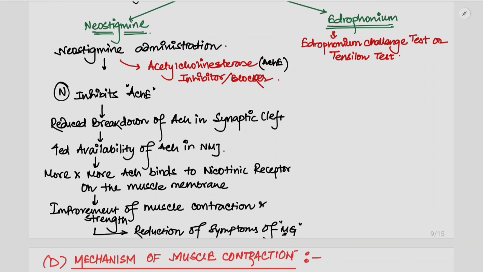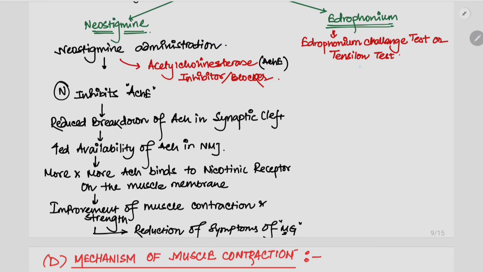Let's see. Firstly, for a patient who is suspected of myasthenia gravis, assess the baseline muscle strength, and then we give a small test dose of edrophonium.